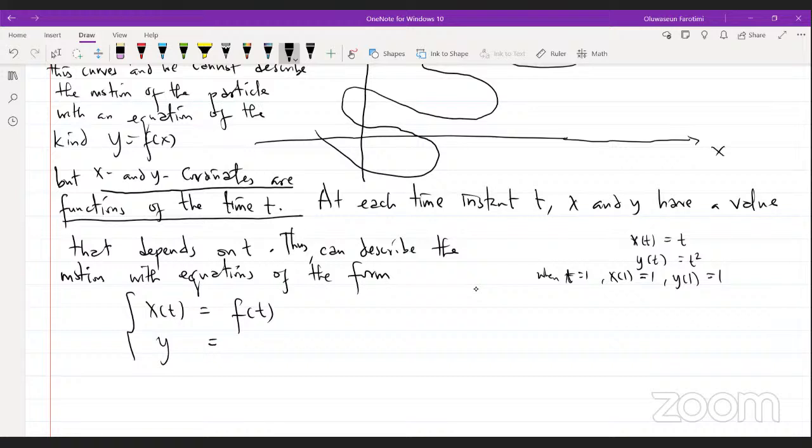I'm just going to stick to x and y, but of course, x and y depend on t. Or if I don't want to write it like this, I can just write it as x comma y. In coordinate form, this is f of t comma g of t.